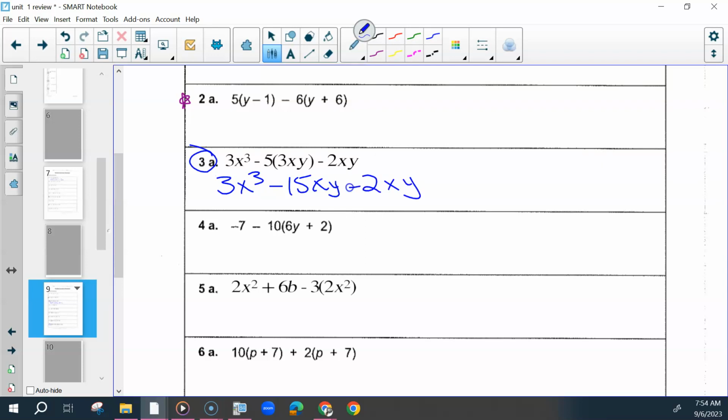Okay. Look for like terms. Do we have any? Yes. So then combine those two. What do we get? 17, excellent. Questions on that one before we do 9?